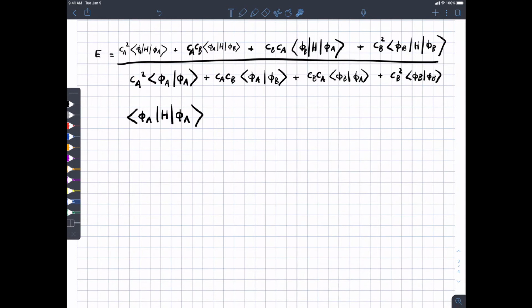So the Hamiltonian applied to wave function A and multiplied by wave function A, we're going to call H double A. And this basically is going to represent the kinetic energy plus potential energy, or we'll just say energy, that's easier, energy of an electron in the starting atomic orbital phi A. Sometimes people call this a core integral.